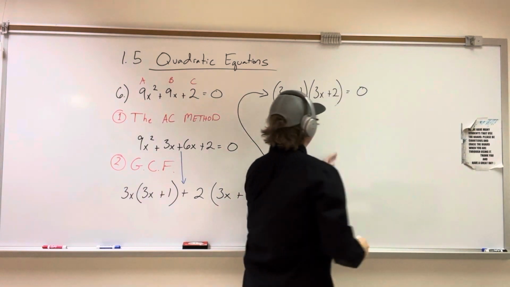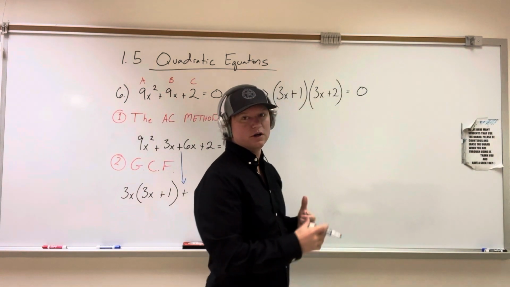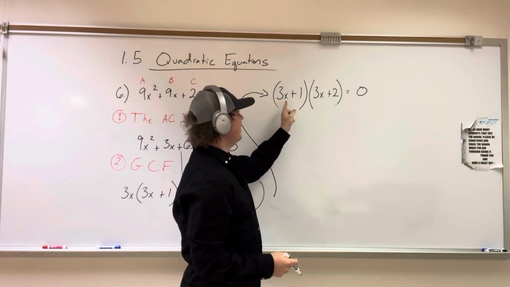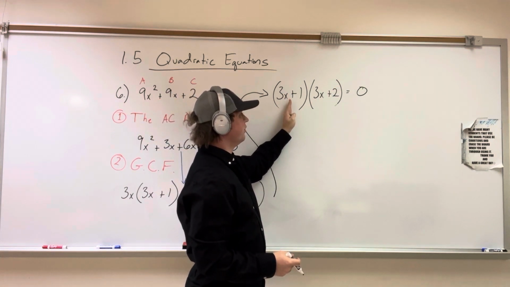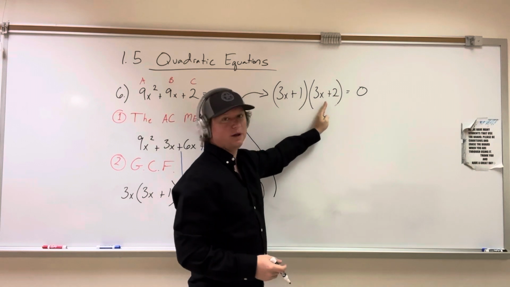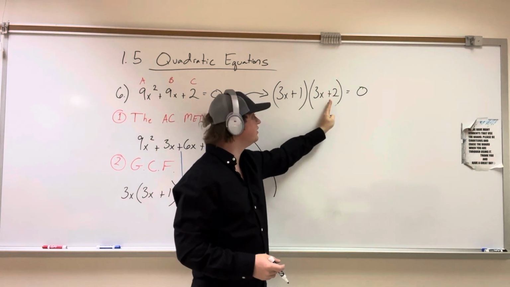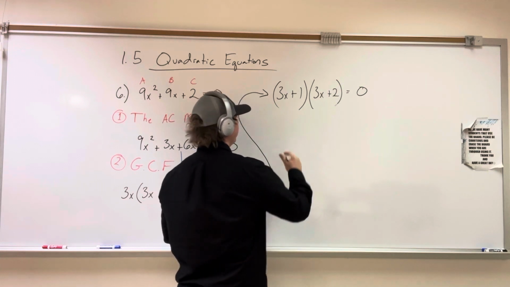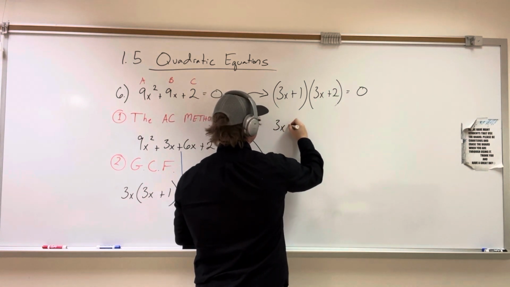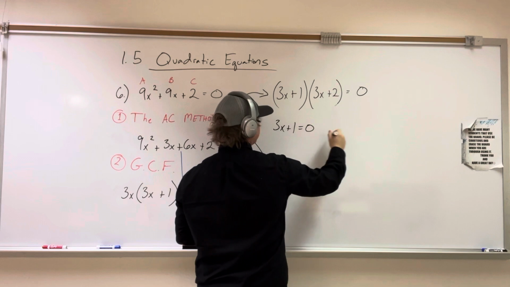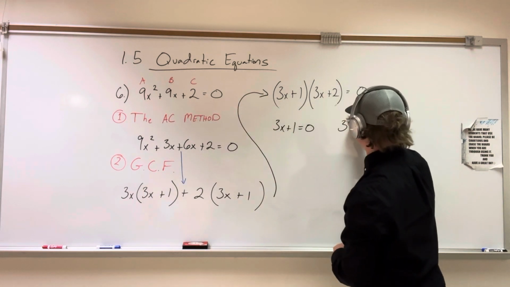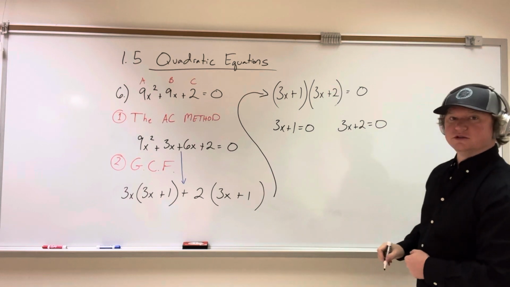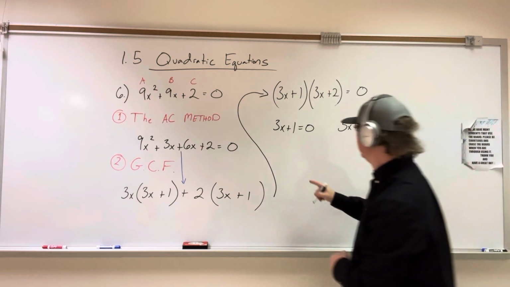All right, you set both of them equal to 0, because if this term equals 0 and you have 0 multiplied by something, you would get 0. If this is 0 and you had something multiplied by 0, you would get 0. That's what allows you to pull them apart. So you have 3x plus 1 equals 0, and 3x plus 2 equals 0, and solve.